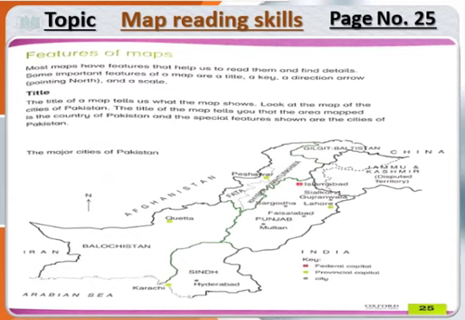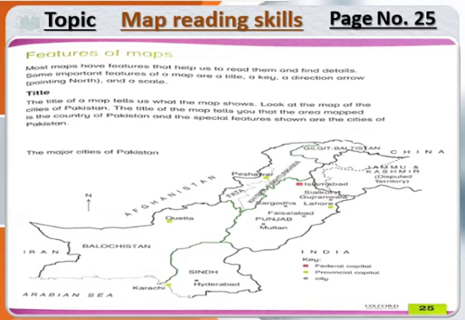Dear students, on page number 25 we are having features of maps. Most maps have features that help us to read them and find details. Some important features of a map are a title, a key, a direction arrow pointing north and a scale.